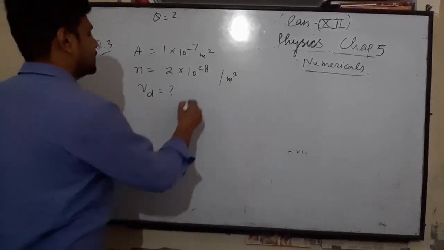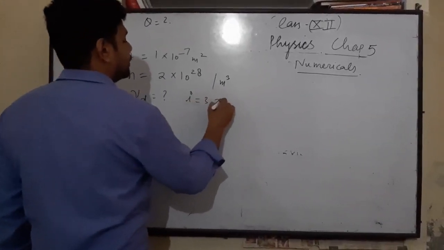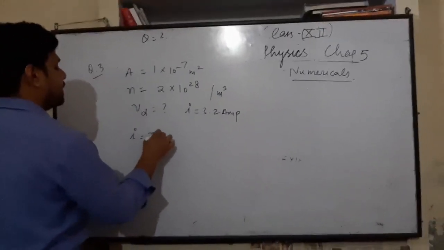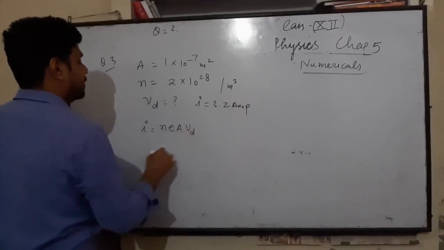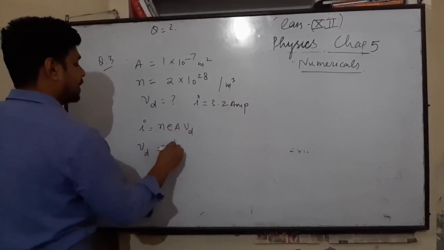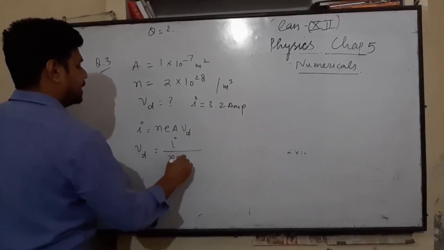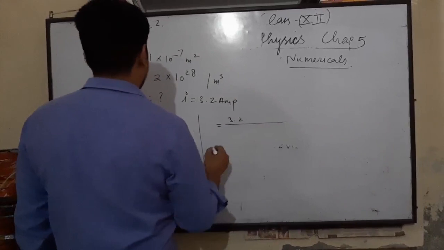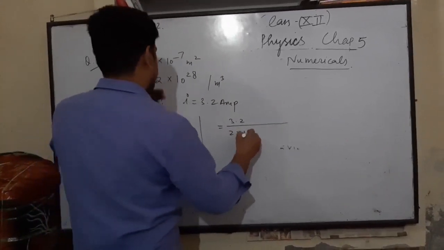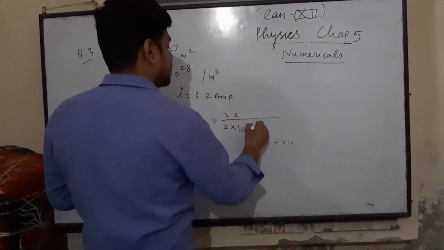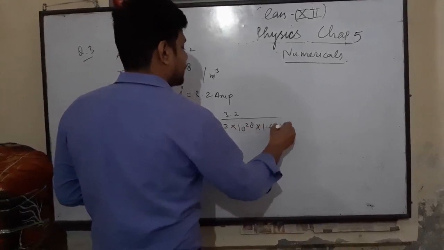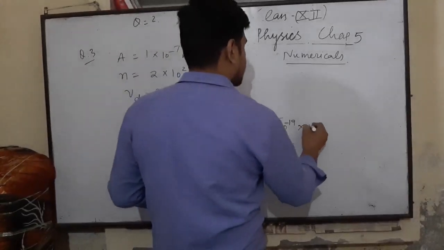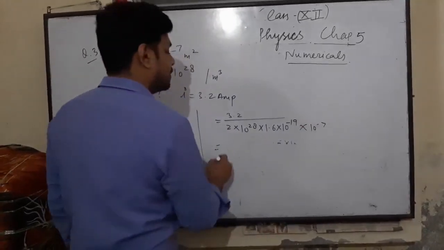The value of current is 3.2 ampere. So we know I is equal to NEA Vd. So Vd is equal to I upon NEA. I is 3.2 upon N is 2 into 10 to the power 28, E is 1.6 into 10 to the power minus 19 and A is 10 to the power minus 7.